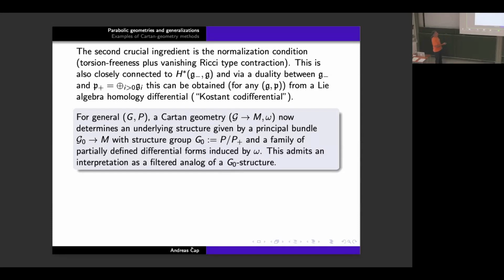Okay, and then in the conformal case, this was very easy. The Cartan connection directly induced a strictly horizontal Rn valued one form, which gave us the underlying G structure. Here, this is a bit more. What happens? How is P plus defined in this general setting? If you start from the grading, P plus is the positive part. If you think about structure theory, it's the nilradical of the parabolic.